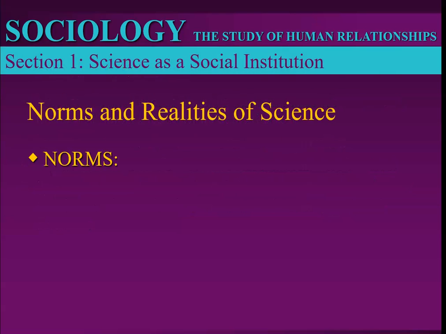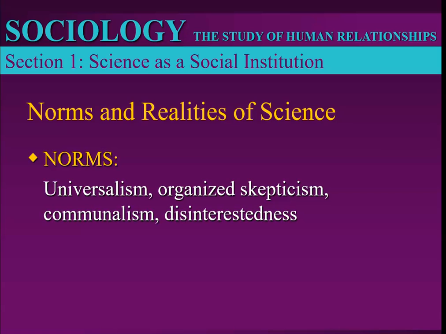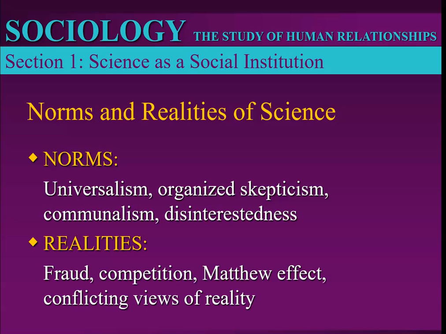Now, the norms and realities of science. The norms of science are universalism, organized skepticism, communalism, and disinterestedness. The realities of science, however, are fraud, competition, a thing known as the Matthew effect, and conflicting views of reality.